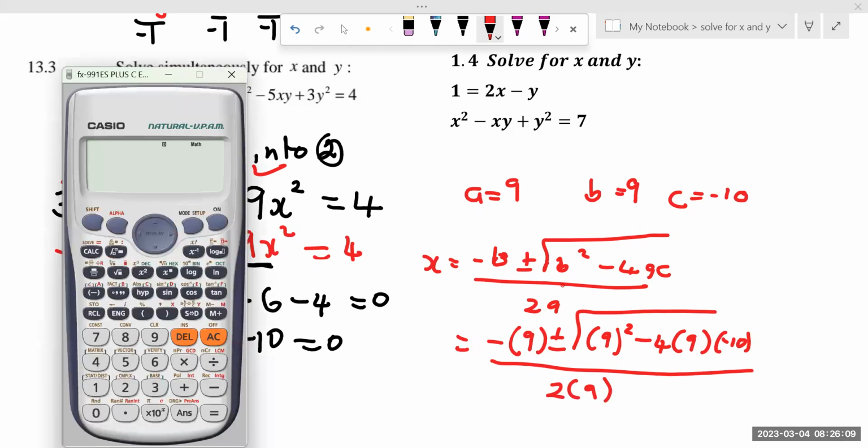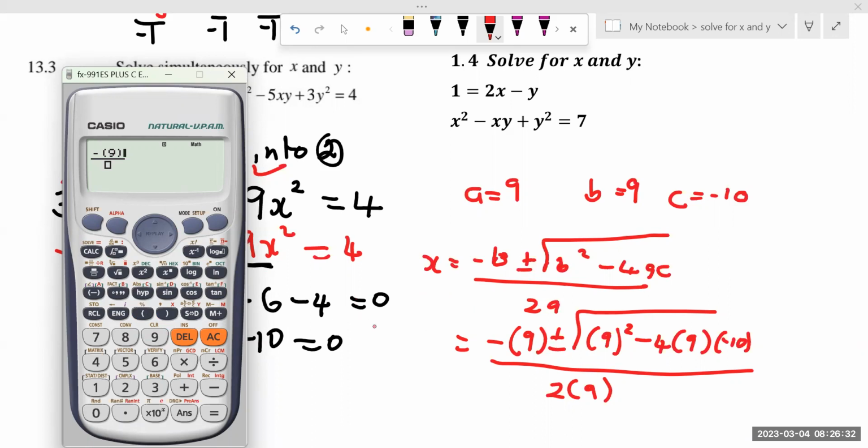Fortunately for you, if you have this one, no, I'm not going to insult you guys. I'm going to do it with the quadratic. So we have minus open bracket 9 close bracket.